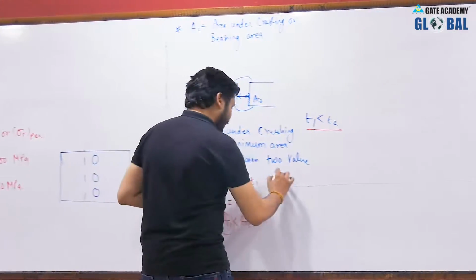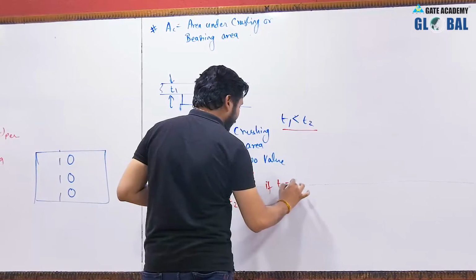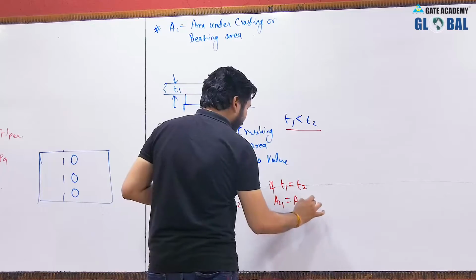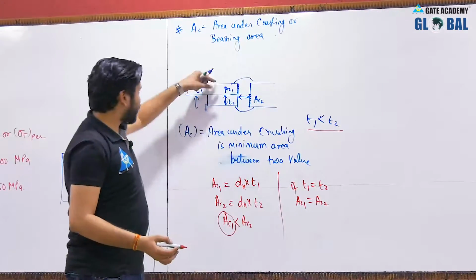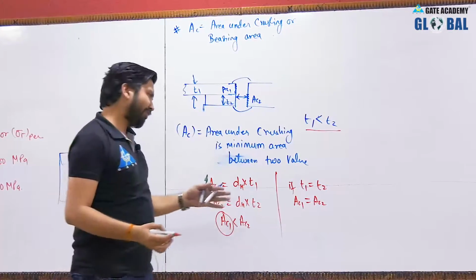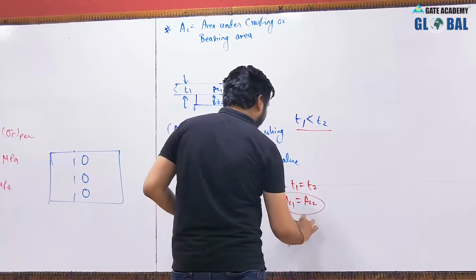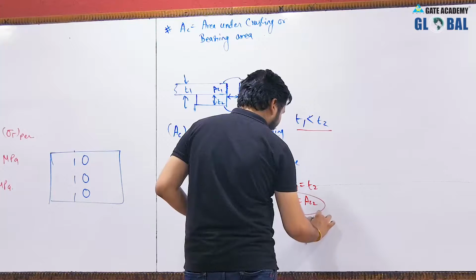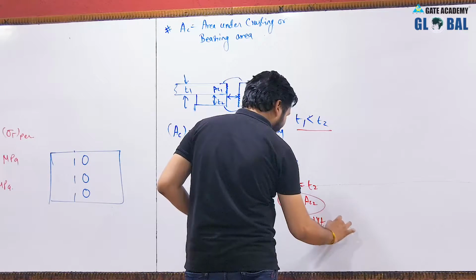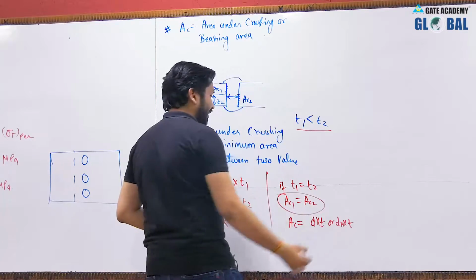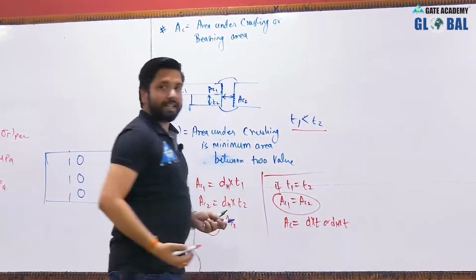Now if T1 is equal to T2, AC1 will be equal to AC2, that is, the area under crushing for the first plate and for the second plate will both be the same. So we can go for any value. This will be equal to D into T, or you can write DH into T. So AC will be equal to DH into T if T1 is equal to T2.